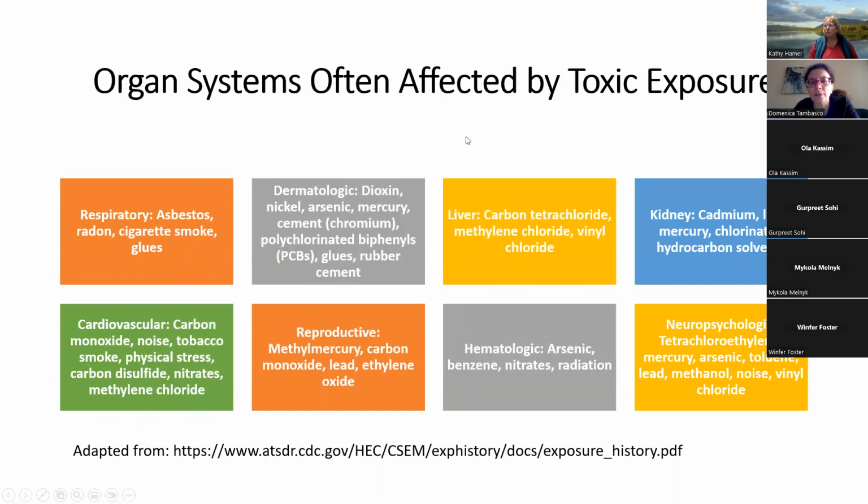For example, the respiratory system can be both an entry of toxicants as well as have effects from toxicants, such as adult onset asthma. And out of many hundreds of toxicants that cause asthma, it's often difficult to say which one it is, but having a good exposure history would help determine that.